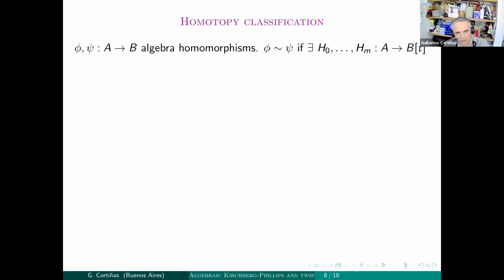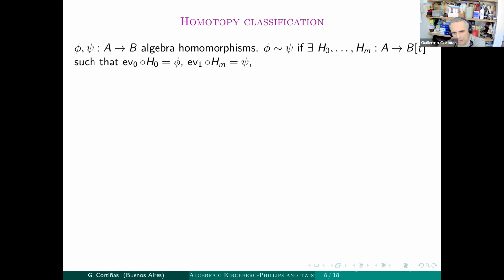I take two algebraic homomorphisms, phi and psi, and I declare them to be homotopic if there is a sequence of homotopies connecting them, and a homotopy is a homomorphism from A to the polynomials on B, such that when you evaluate at 0 the first homotopy, you get the first homomorphism.